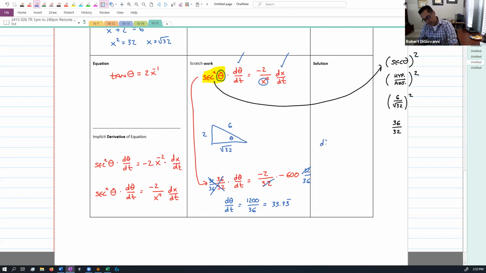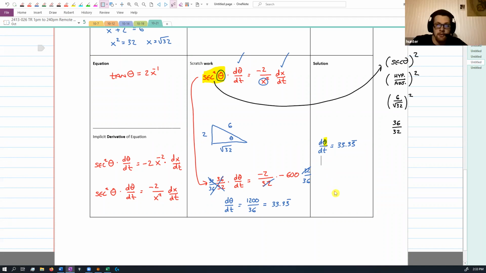So my answer is d theta dt equals 33.33, and now the units. So this can be a little tricky, all right? Theta. Degrees or radians? Degrees.